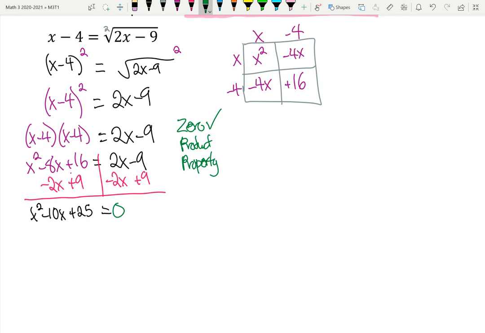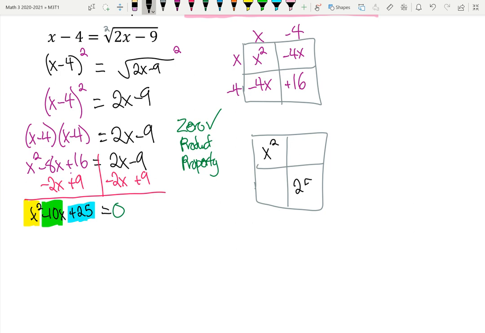Now for my product, I need to figure out what multiplies. So I need to factor x squared minus 10x plus 25. I'm going to set up my area model and factor out x squared and 25.